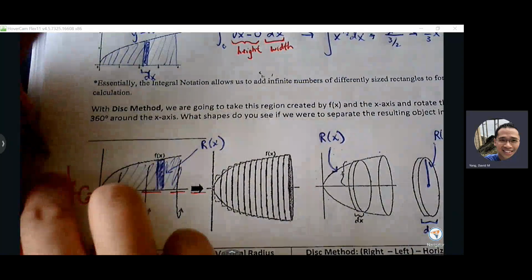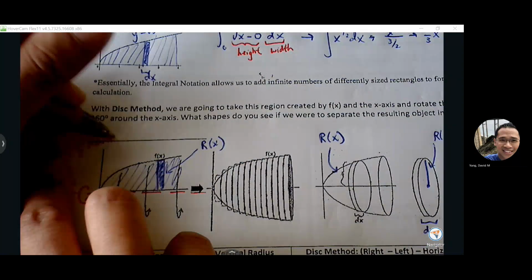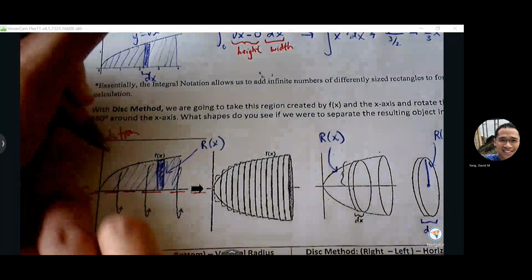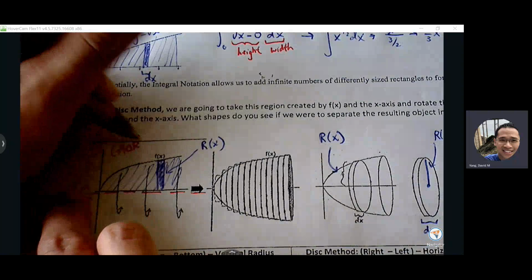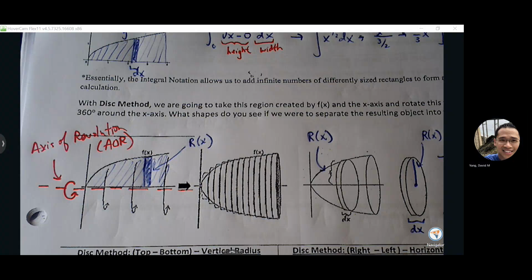And axis of revolution, I like to abbreviate it using AOR. I'm always going to put a dotted line with that rotation notation there to indicate the direction that I'm spinning this 2-dimensional shape in.